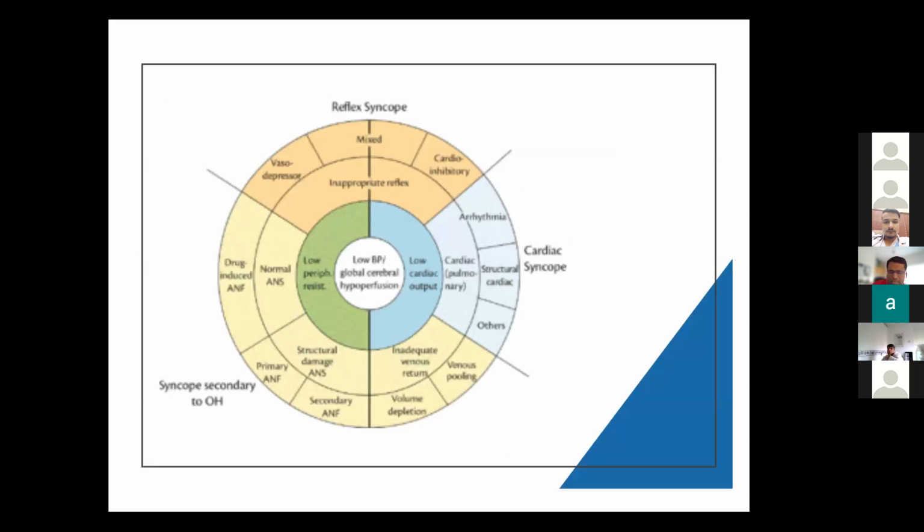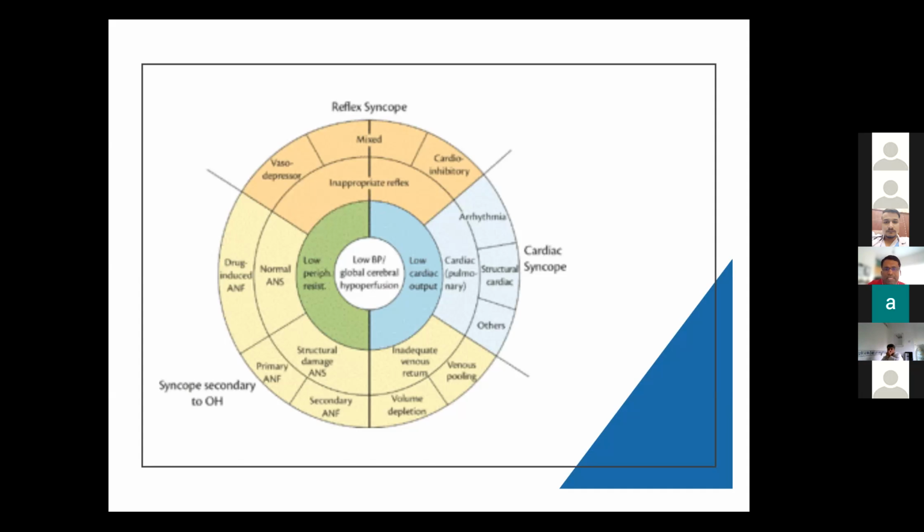We touched upon earlier that cardiac causes can be because of arrhythmia or structural disease, leading mainly to a low output state, whereas the arrhythmia can be faster or slower.